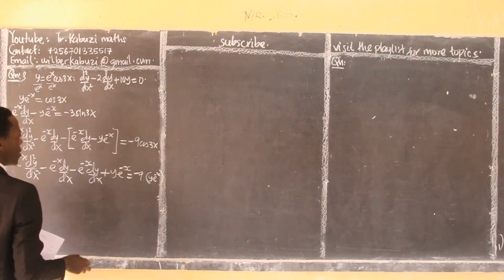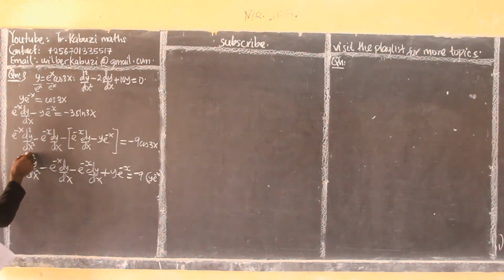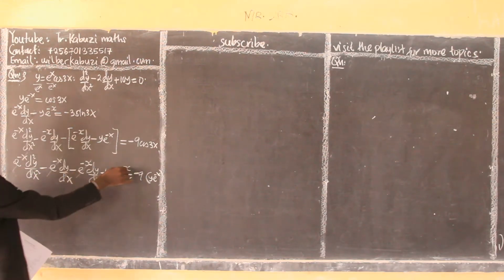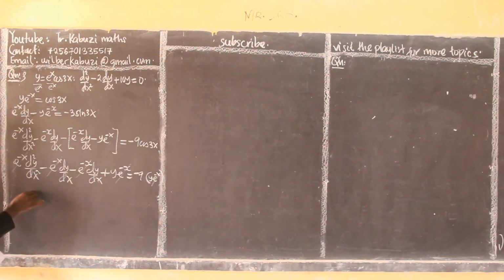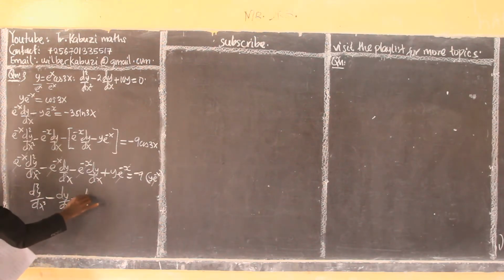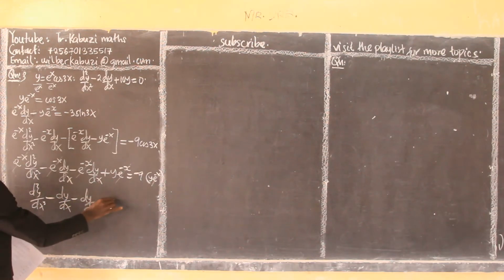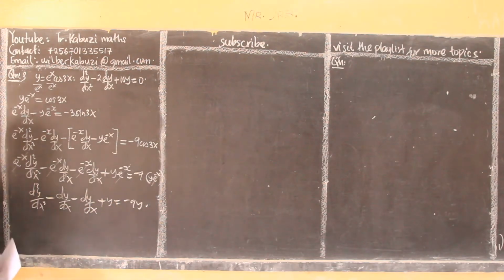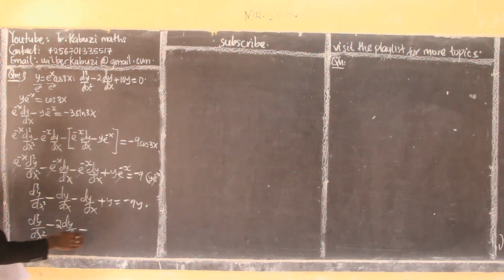Now from there, you can see that we divide through by e^(-x), because it's common throughout. I'll be remaining with d²y/dx² minus dy/dx minus dy/dx plus y equals negative 9y. Now I simplify to get d²y/dx² minus 2 dy/dx. Well, I bring this side, I'll be having 10y equals 0, and that's the end of that number there.